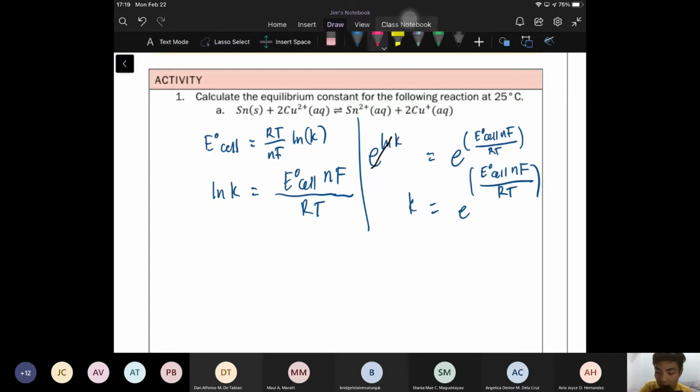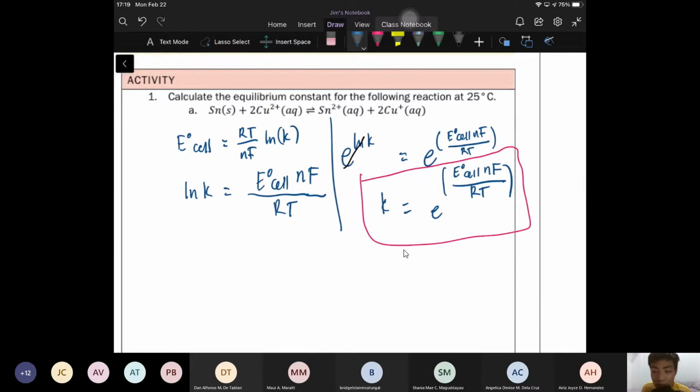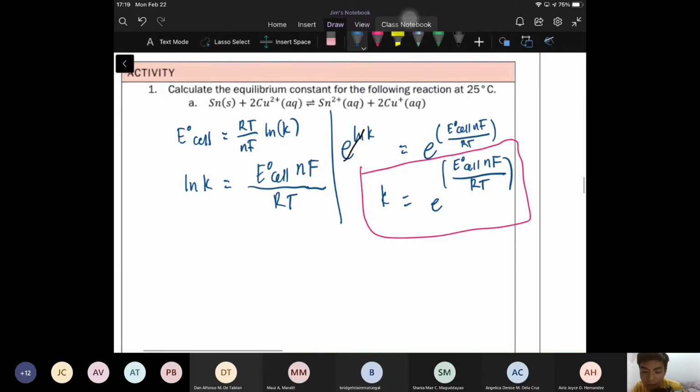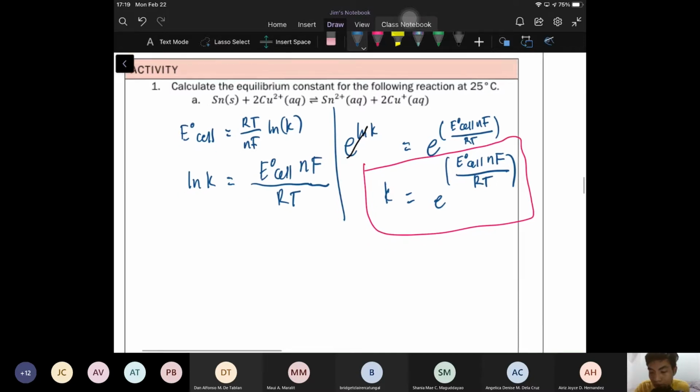Box natin yan. Para kapag kunwari nakakita kayo ng problem na ganito, ito na gamitin yung equation. Dinerive ko na para sa inyo. Okay. Sagutin natin, ano yung E not cell? Identify mo sino yung cathode, sino yung anode, then solve for the E not cell. Okay.